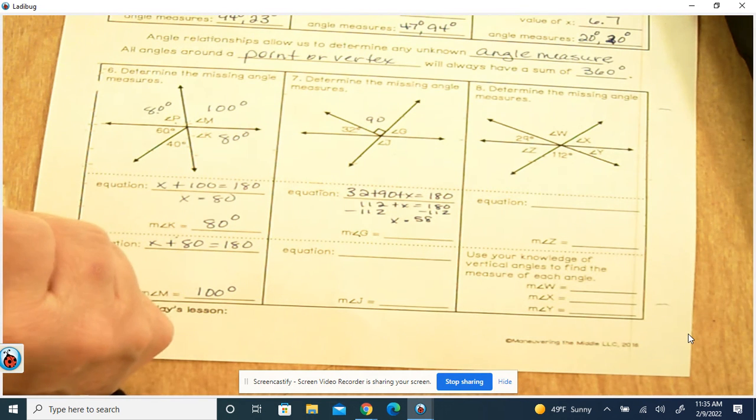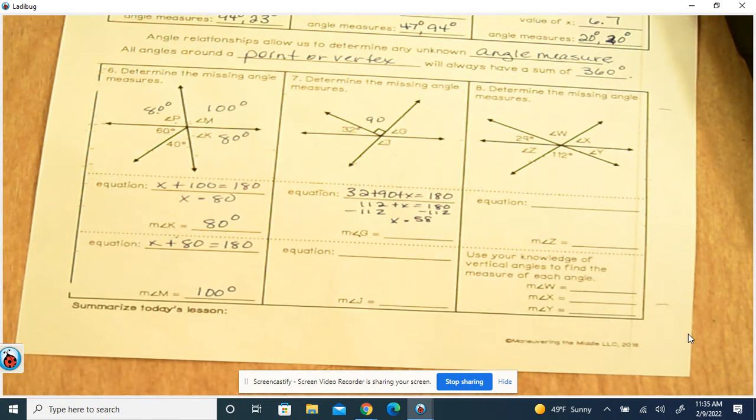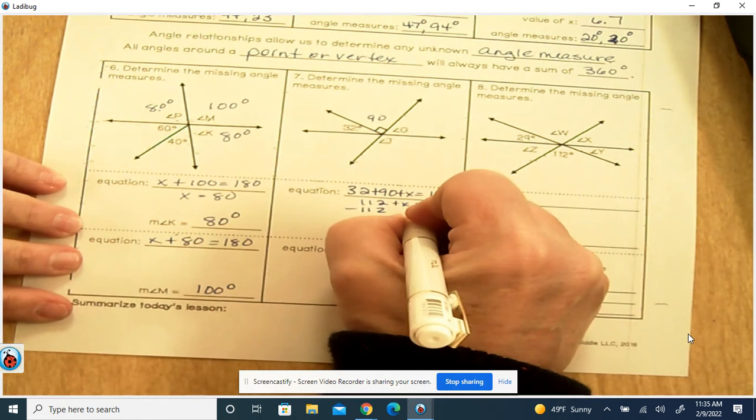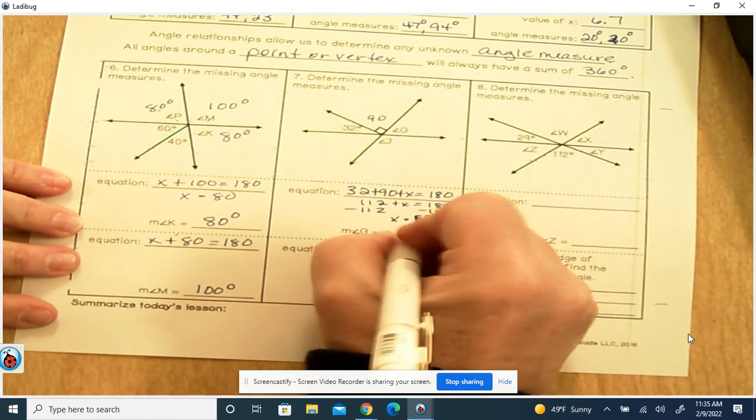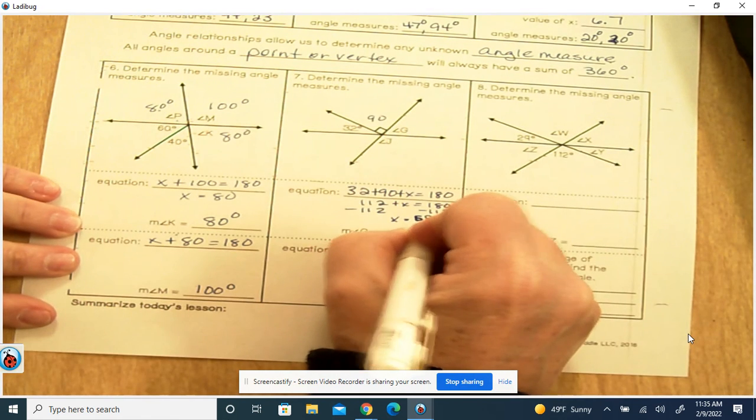Actually, 180 minus 112 is 68, not 58. Okay, so the measure of g is 68 degrees.